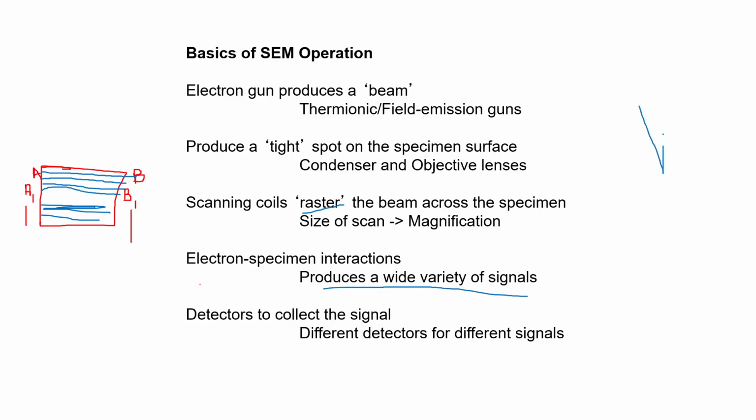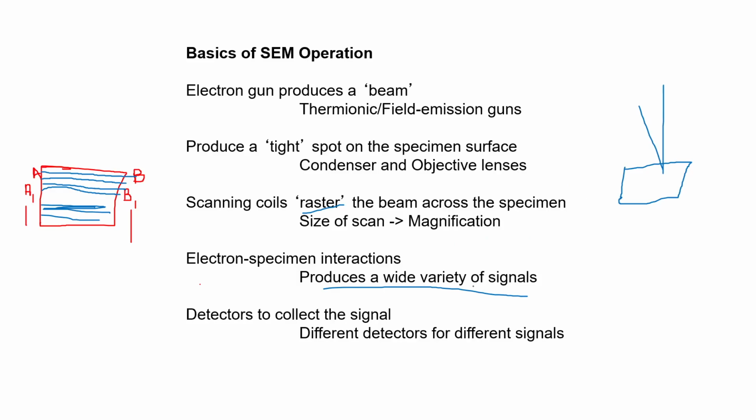If the electron beam is like this and it is interacting with your specimen, then it will produce all kinds of signals. You can't restrict the type of signal which it should produce, but you can have a detector which will detect only a specific type of electron, so that you can get the information according to your requirement.